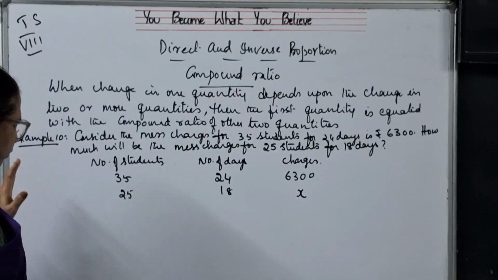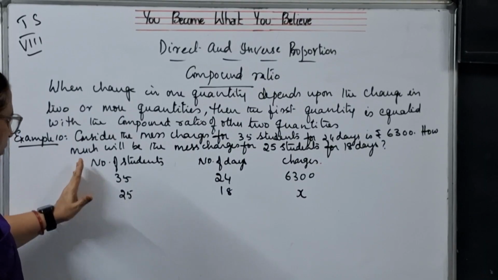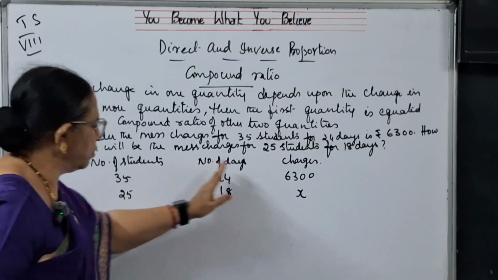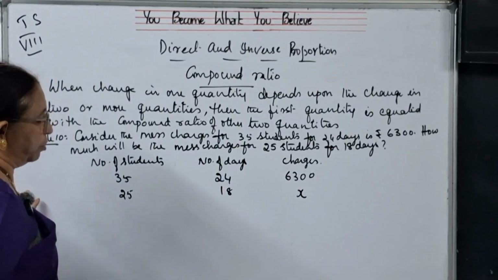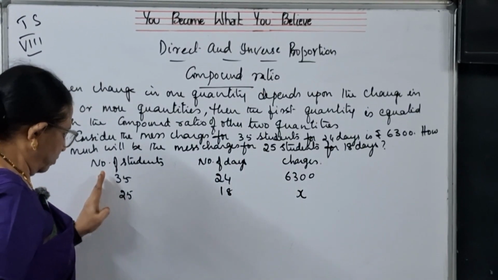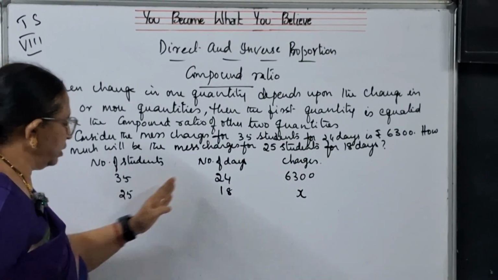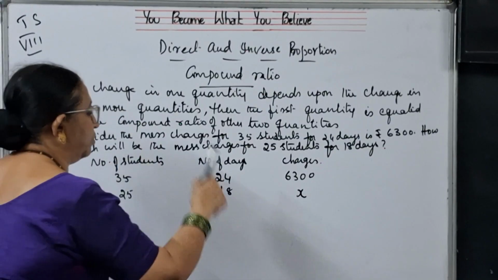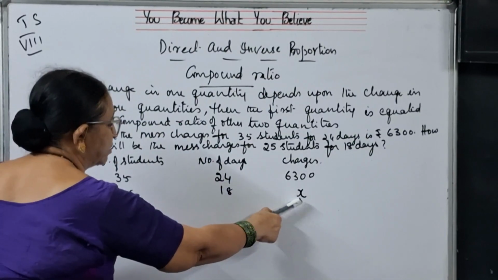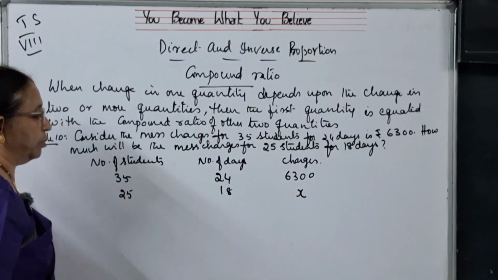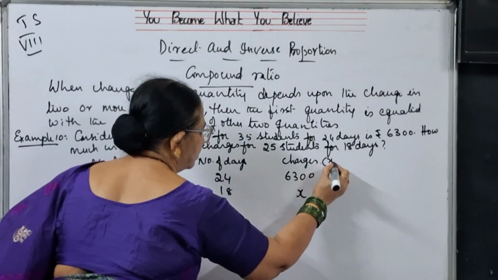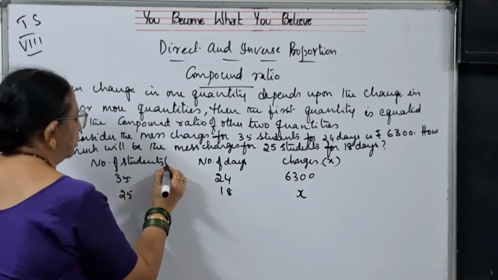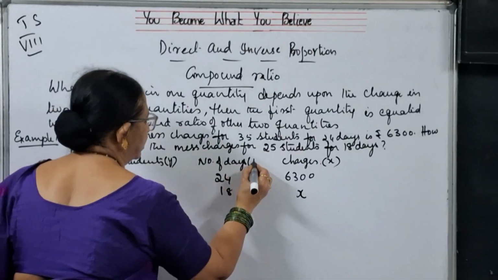So first what you need to do is identify the three quantities given in the problem. Then whatever values are given, you keep them underneath. Afterwards, wherever you have got x, that means what we need to find out, you consider it as x, and the remaining both should be considered as y.